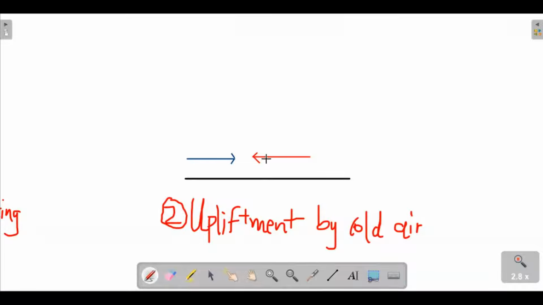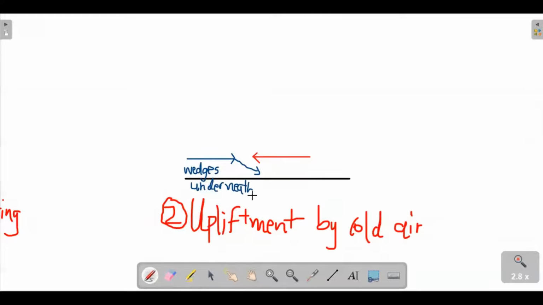So what happens? When you have cold air and warm air moving towards each other, because cold air is heavy, we said cold air is heavy, what it tends to do is that it tends to wedge underneath. We use the term, it wedges underneath, or we say it undercuts the warm air.